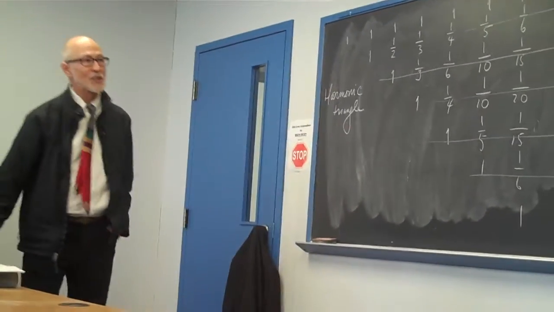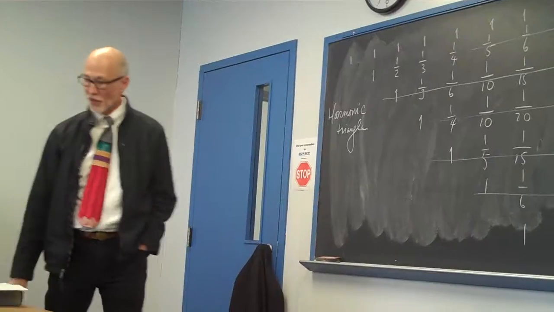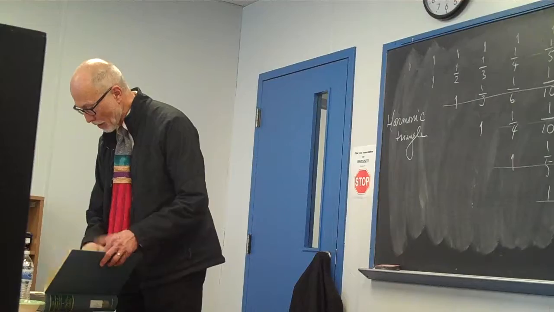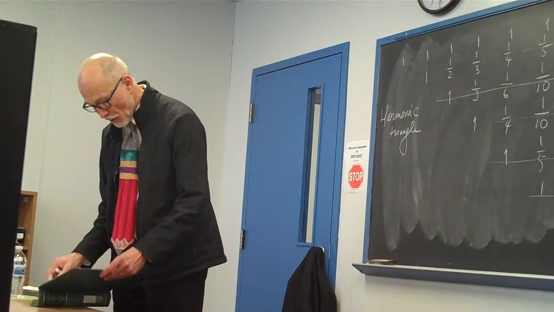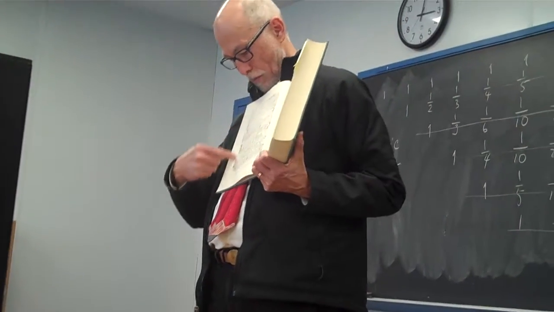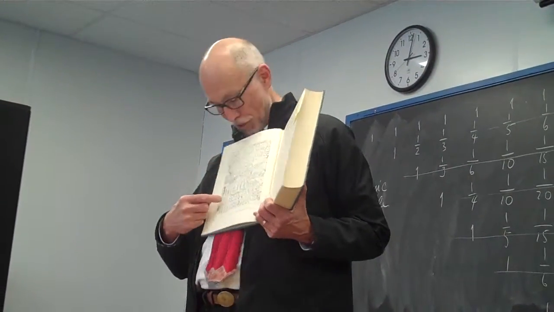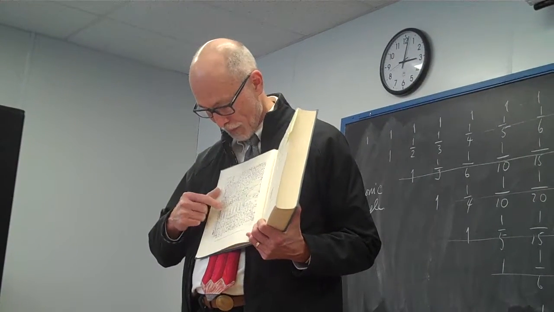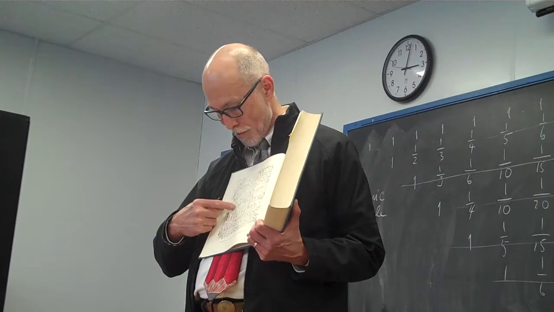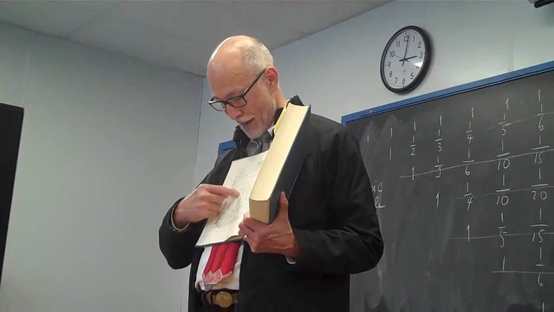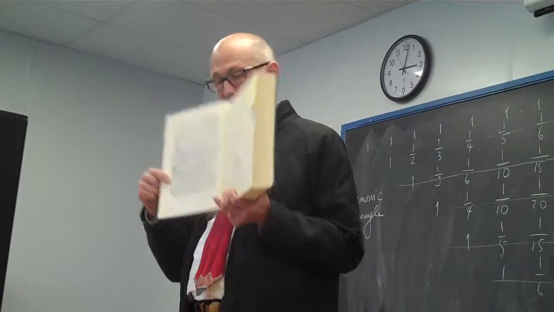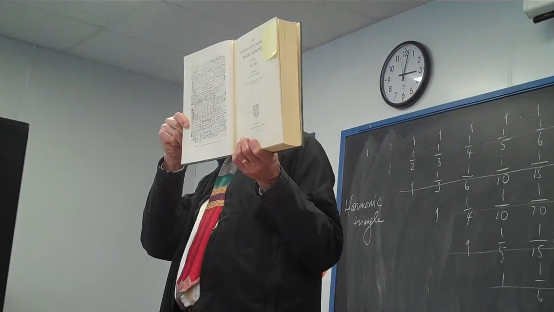The person who did this first was a young man in 1665, and I don't know if you can see this, but there's a table in here, and this table has the column for minus a half, and the column for a half, column for 3 halves and 5 halves, and on and on and on. And this of course is Isaac Newton.